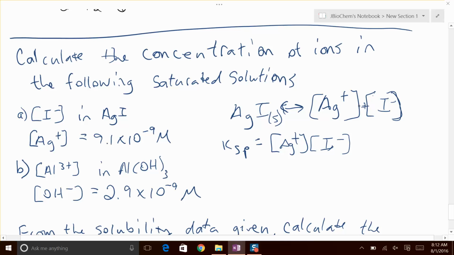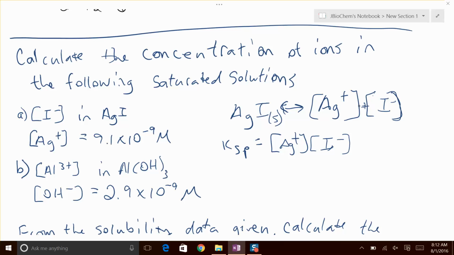All right, so this is what we end up with. Calculate the concentration of ions in the following saturated solutions. The Ag+ ion is 9.1 times 10 to the negative 9.